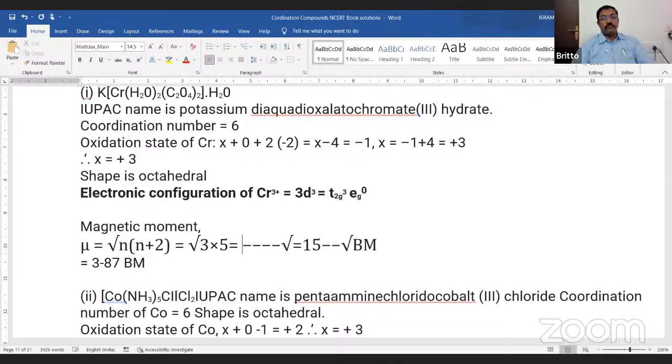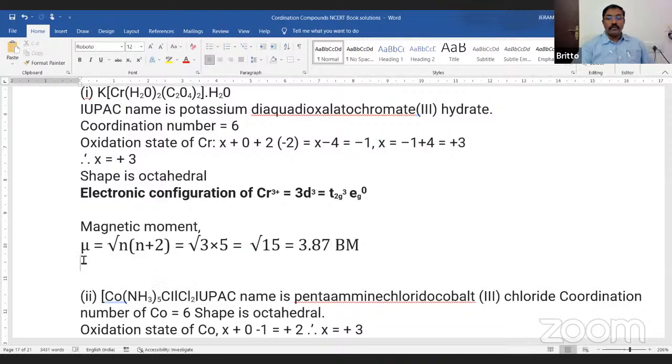I already asked you to memorize that if 3 electrons are there, the magnetic moment is 3.9 or 3.8, close to 4. So 3 into 5, square root of 15, is 3.87 Bohr magneton, BM.